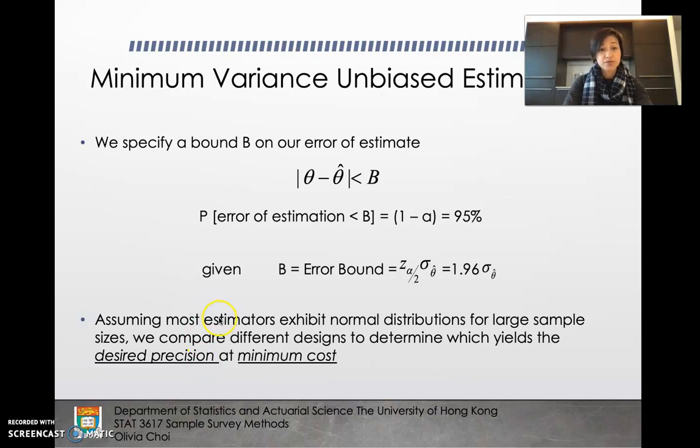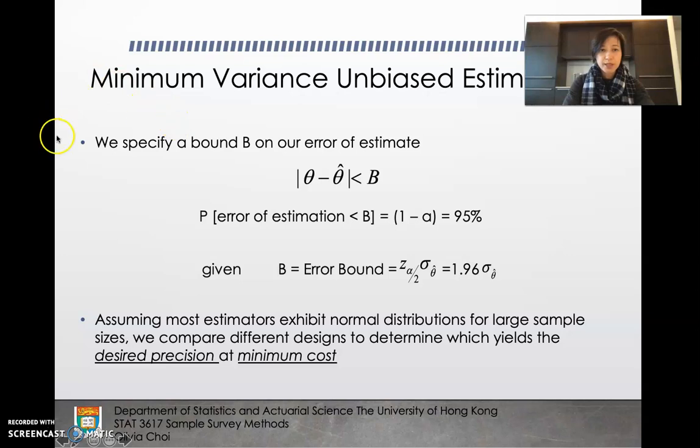Most of the time we want to reduce the mean square error, so as to determine which sampling scheme would give us the desired precision at minimum cost. So in this course, at the end, we will talk about different sampling schemes, and then we will compare them. Under a certain situation, we compare different sampling schemes to come up with the best choice with the minimized variance.